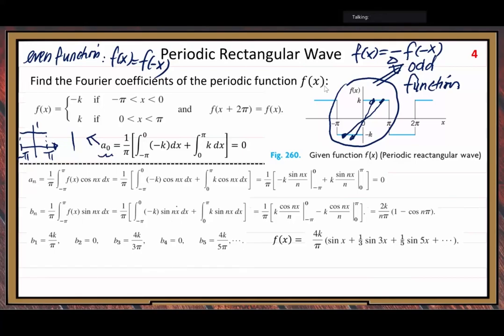Is cosine nx an even function? It is, because cosine of negative nx equals cosine nx. So it's an even function, and its corresponding coefficient equals 0. Sine x is odd, cosine x is even.